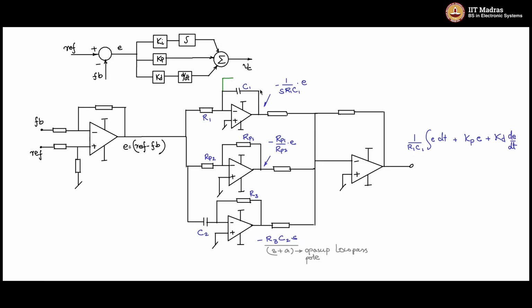Now here across the C, I will put a clamper in the form of two back-to-back Zener diodes.